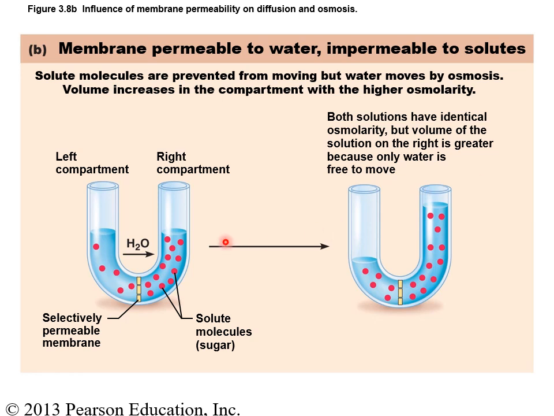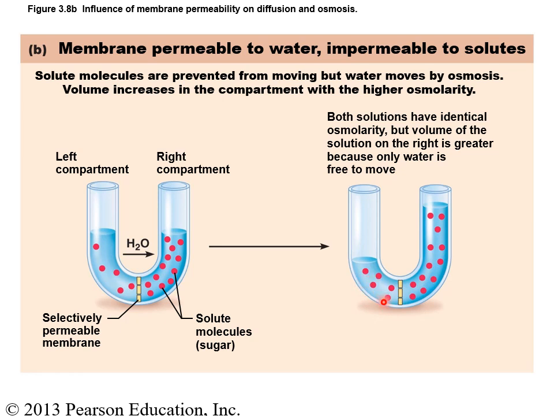In this example, you have the beginning condition, where you have more red balls over here, fewer over here, but now you have a selectively permeable membrane. See, the holes are smaller here, so the red balls can't get through. So if the red balls can't get through, then over time the water moves through to separate the red balls out, so the water distribution to how many red balls you have is equal.